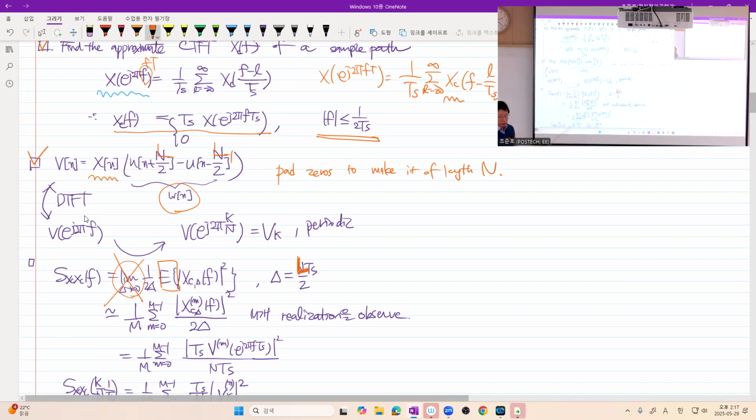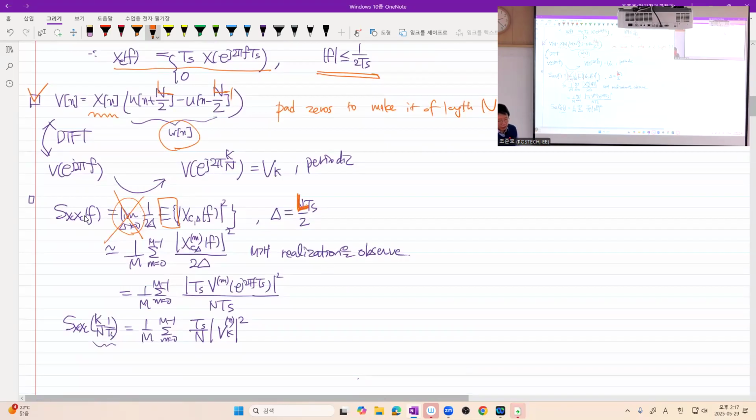Then we observe the zeroth realization, and we sample, truncate, and Fourier transform it. Of course, discrete Fourier transform it, and we get this one. So this one is here, and that is what? Ts times DTFT.